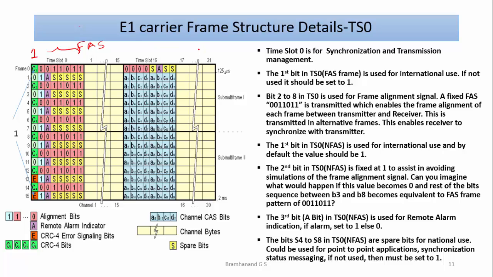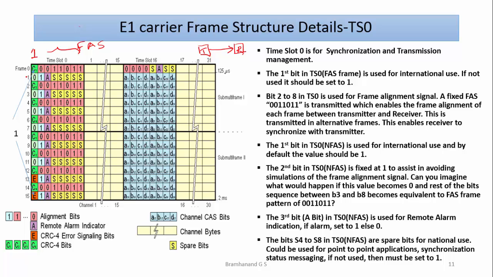Whenever this data is received by a receiver, the receiver understands that it is the beginning of a new frame, right? So this frame alignment signal exists in time slot 0.